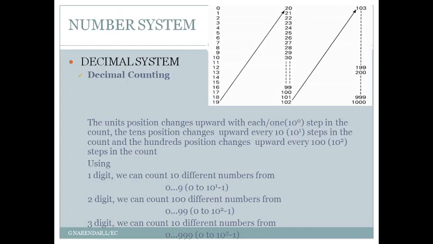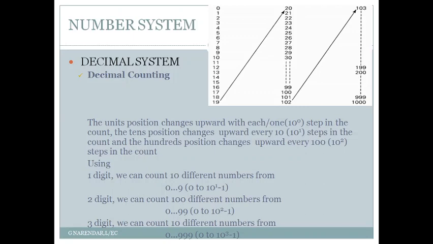So 1 should be replaced with 2, and in the units position, you can again start with 0. So the count goes 2 0, 2 1, 2 2 up to 2 9, and now the units position has reached the highest digit.